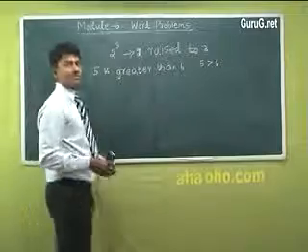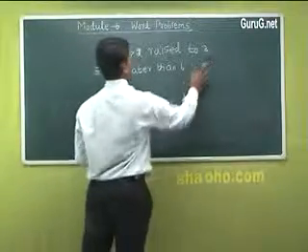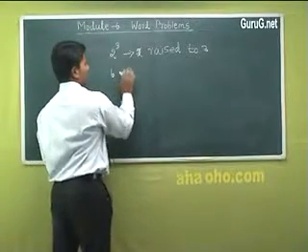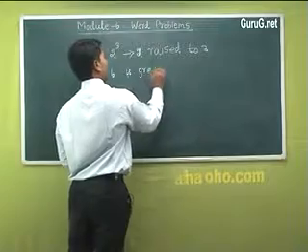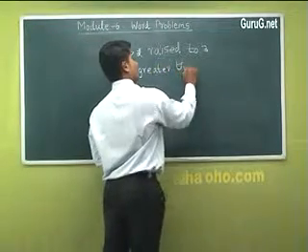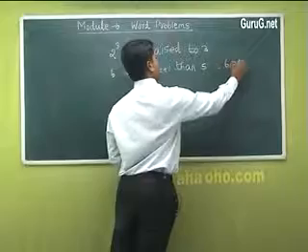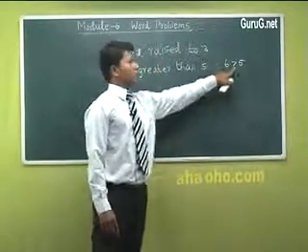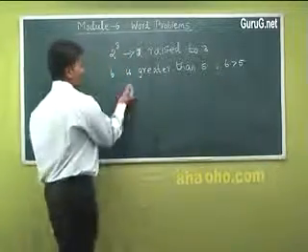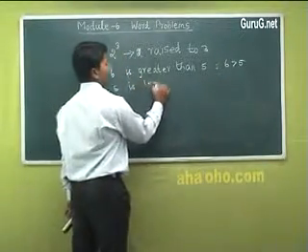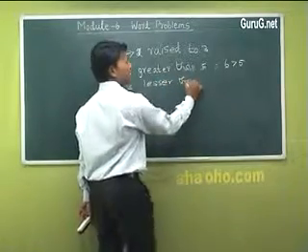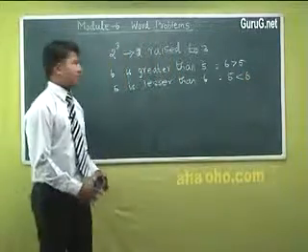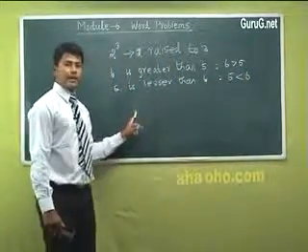Similarly, 6 is greater than 5 can be represented using this form, 6 greater than 5. Or 5 is lesser than 6. So this is the mathematical form, and this is the narrative form.